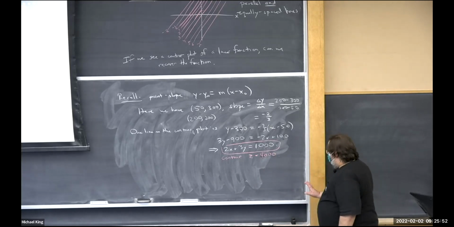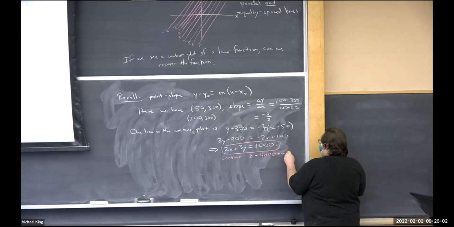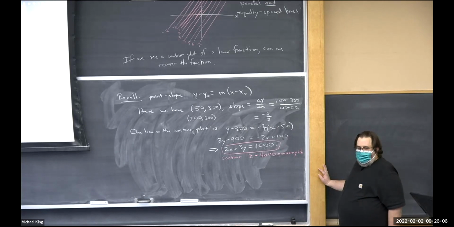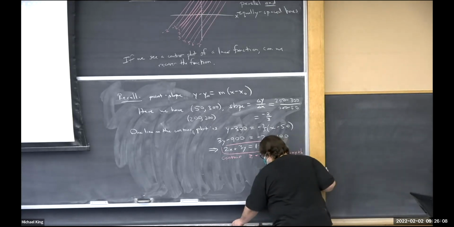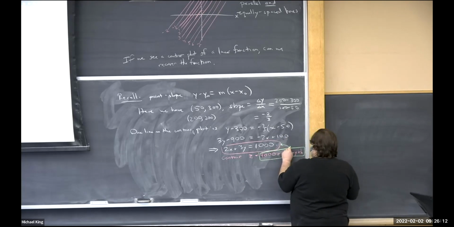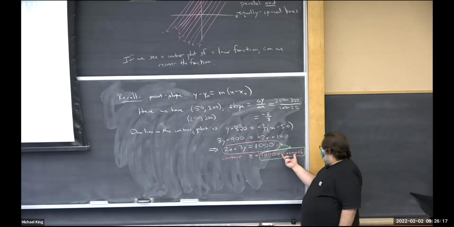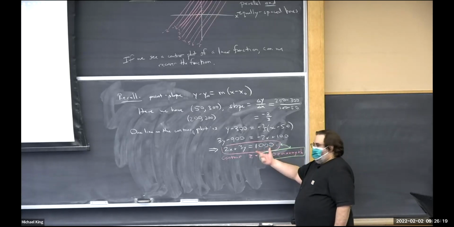Okay, so I want to think about what that means. We're looking for a function like mx plus ny plus b, and we really want these two equations to be the same equation. So whatever this is should be equivalent to that, right?